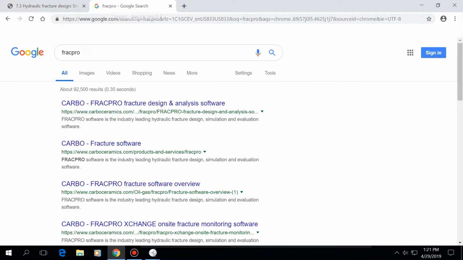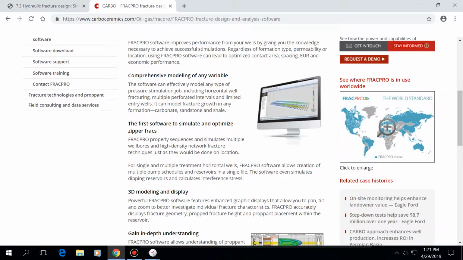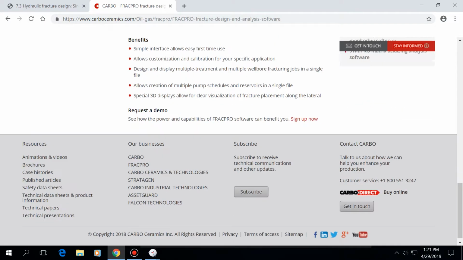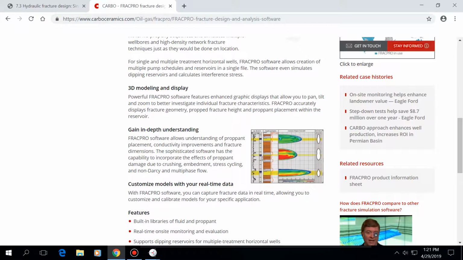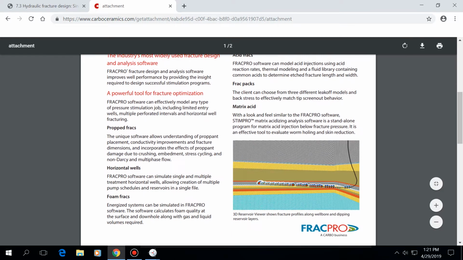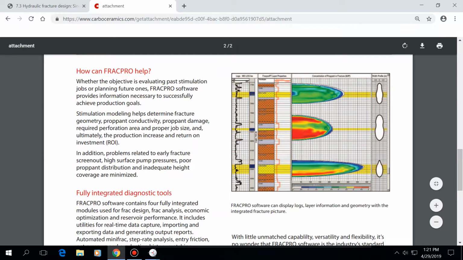So let me show some examples here. This is the software I was telling you about, FracPro, and I think that they do not have many images, but probably we can find a few. But it's exactly what I told you before. You just put all those equations together. So here you see you have information from well logs.